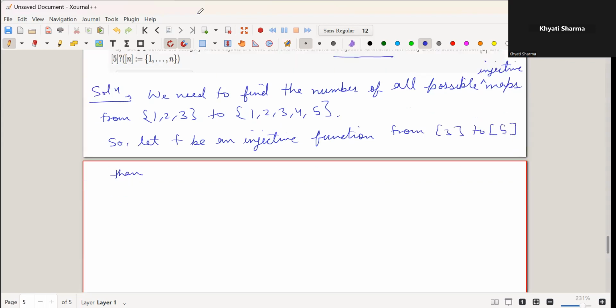Then f of 1 is some alpha belonging to 1 2 3 4 5.